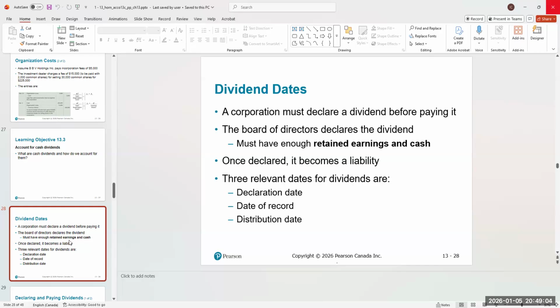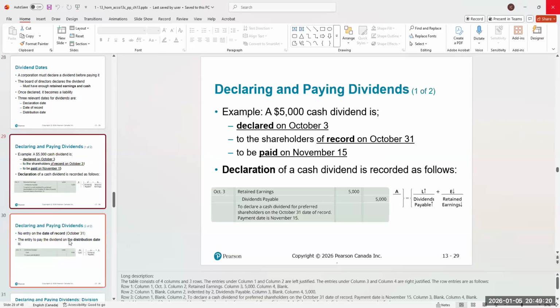We have three important dates. One is the declaration date. The second is the date of record. And the third is the distribution date. So let's see the first one, the declaration date.